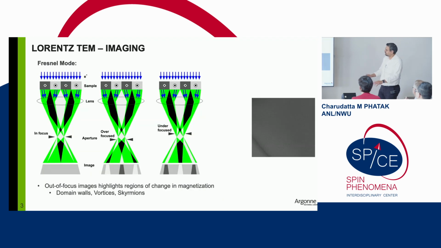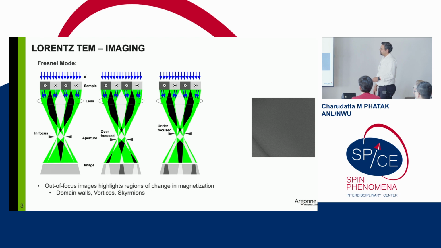When we put the sample inside the microscope under in-focus condition, we basically get a uniform contrast, and the contrast is mainly dictated by electron scattering, as shown by the image here, which is just a uniform gray contrast.